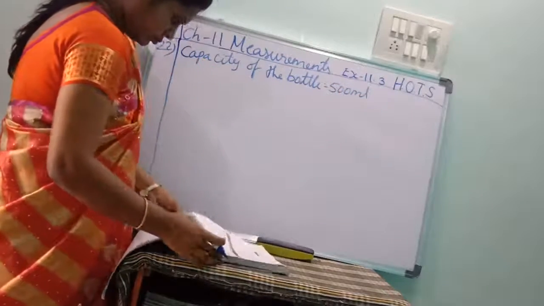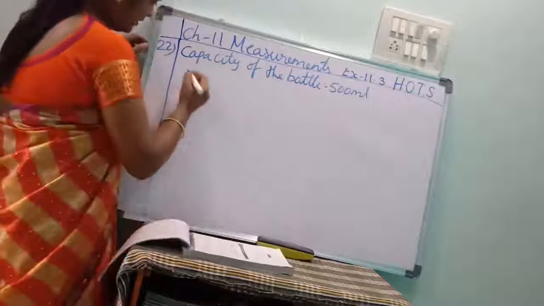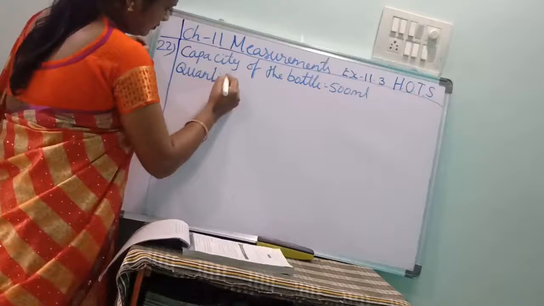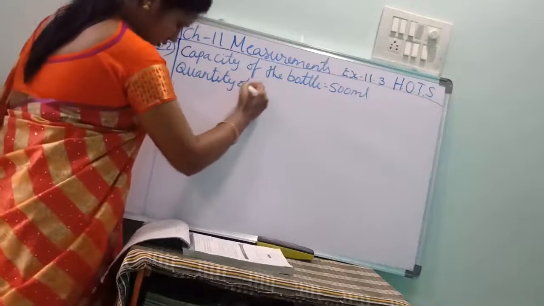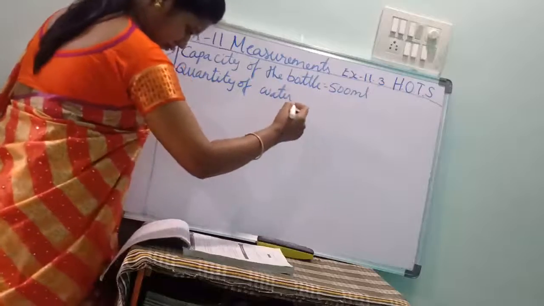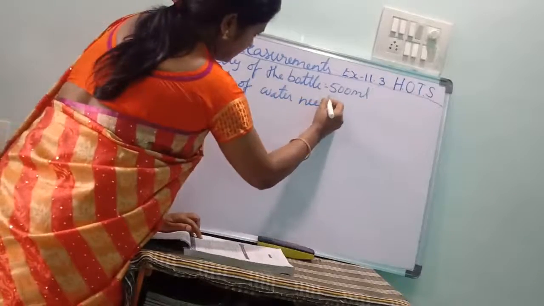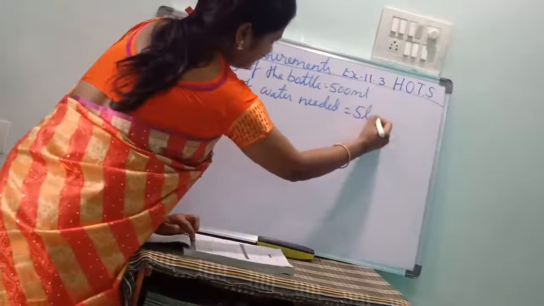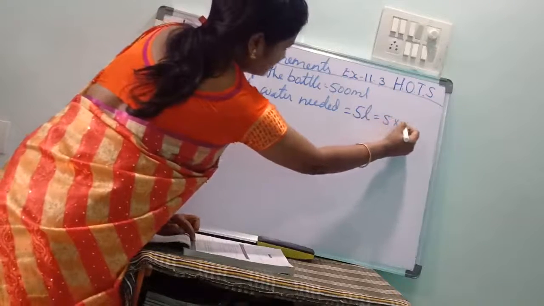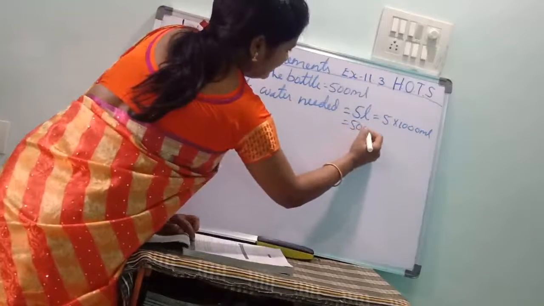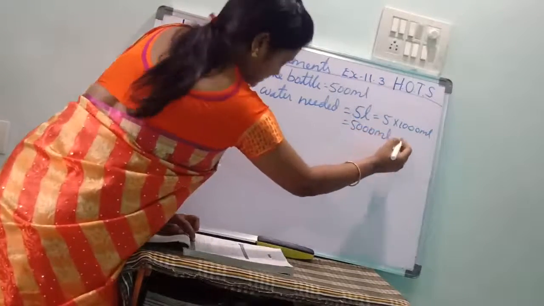Now quantity of water needed equals 5 liters, that is 5 into 1000 milliliters, 5000 milliliters.